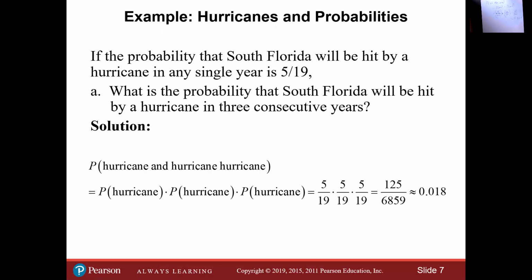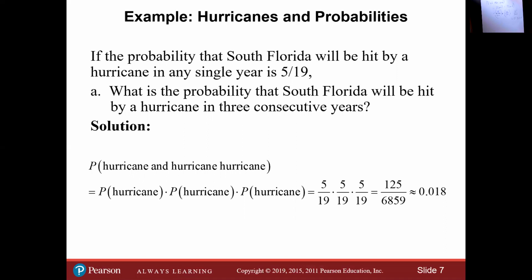So here we're talking about hurricanes in Florida. The probability that Florida will be hit by a hurricane is 5 out of 19. What is the probability that South Florida will be hit by a hurricane in 3 consecutive years? What's important to recognize is that these are independent events. Just because you didn't have a hurricane last year doesn't mean you won't have one this year.